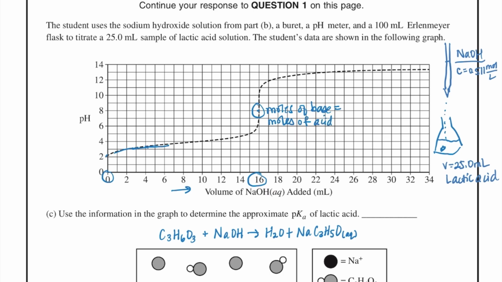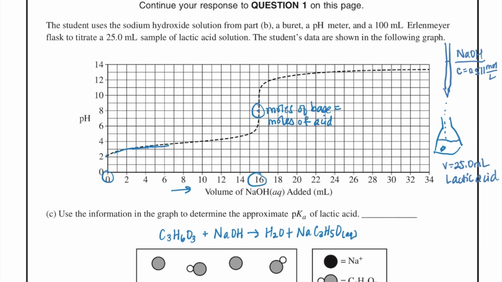So at this equivalence point, there is no excess reactant. You basically just have products, which are water and sodium lactate, which is actually a basic salt. That is why the pH is a little higher than 7 at the equivalence point.